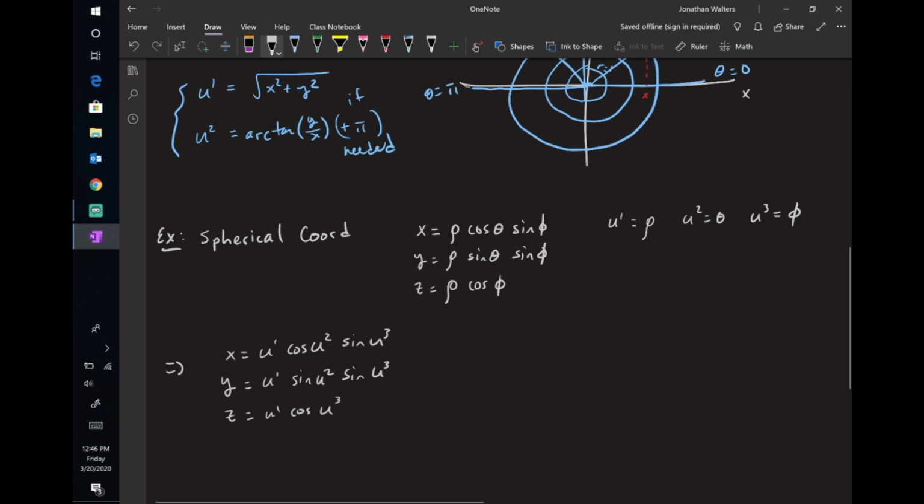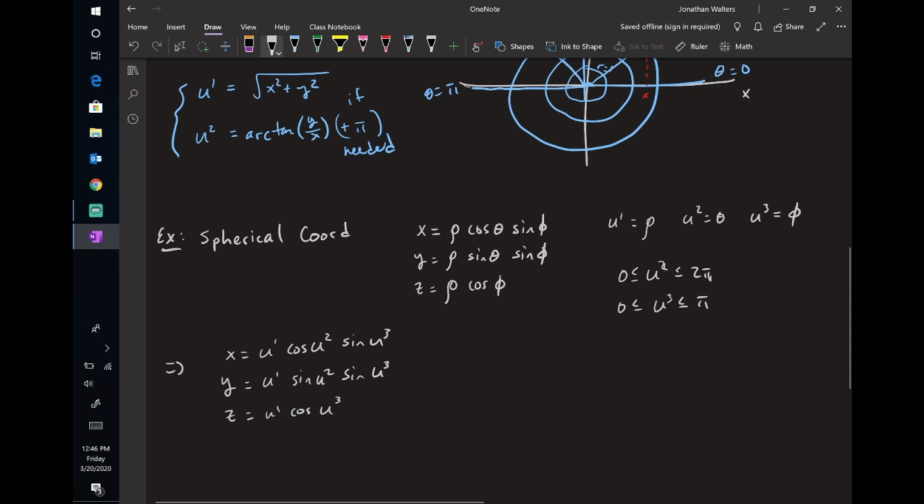So that's kind of like our setup that we would have. Of course, normally u2 theta is between 0 and 2 pi, at least that's the way that I normally set it up. And then phi, the azimuthal angle, is between 0 and pi. So that's u3 between 0 and pi.